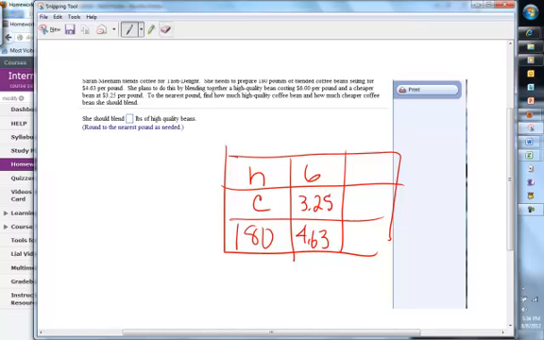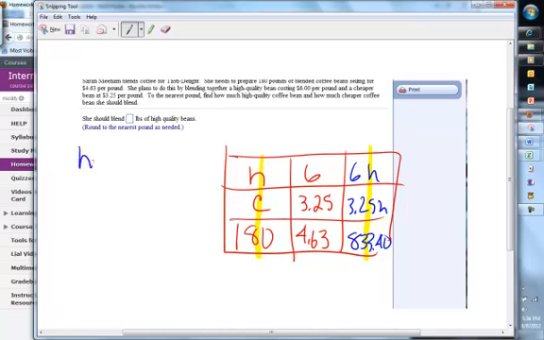So our two equations are going to be this one and this one. Well, we have to multiply going across here first, and this is 6H, 3.25H, and 180 times 4.63 is $833.40.